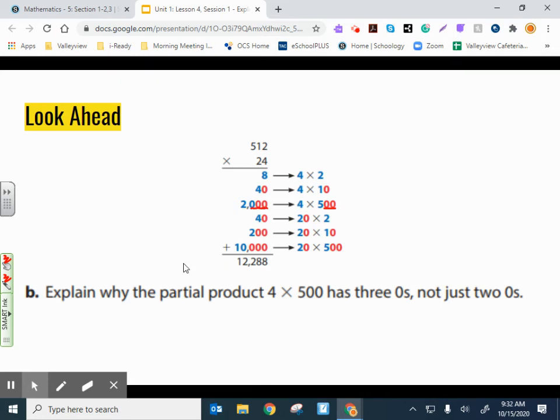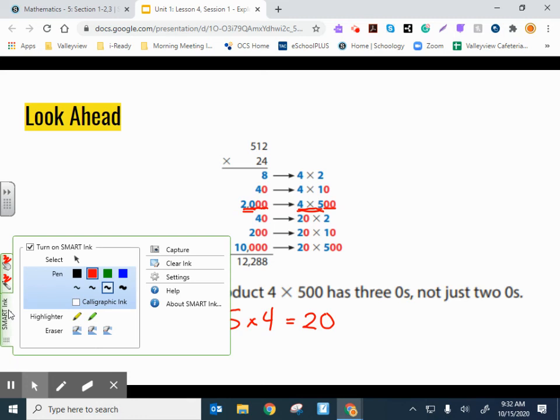And some of you are probably noticing the answer is because 5 times 4 equals 20. So that creates an extra zero like that. So that's why the 4 times 5 will create that 20, giving us that extra third zero. So that's why that's an exception.